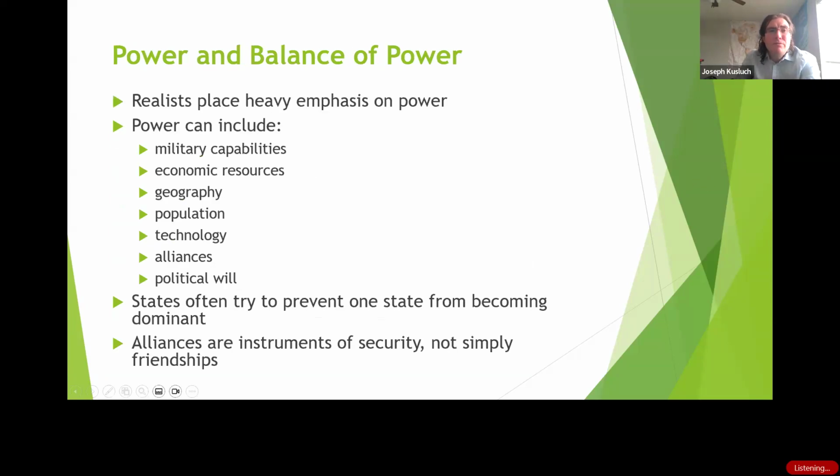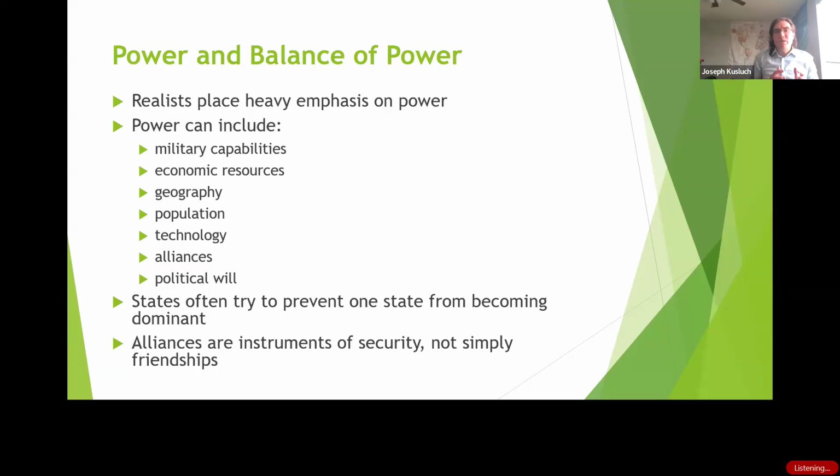So from here, realism places heavy emphasis on power. Power can mean military capabilities, economic resources, geography, population, technology, alliances, and political will. Realists do not all define power in exactly the same way, but they generally agree that power matters because it shapes what states can do and what they can prevent others from being able to do.